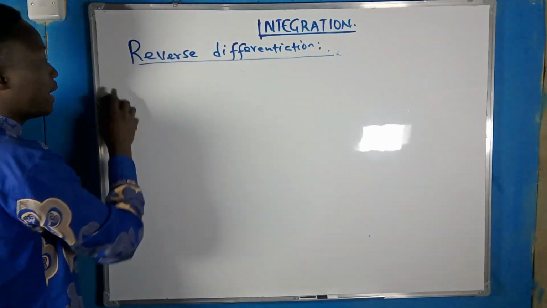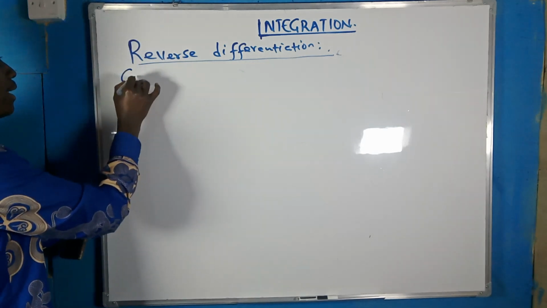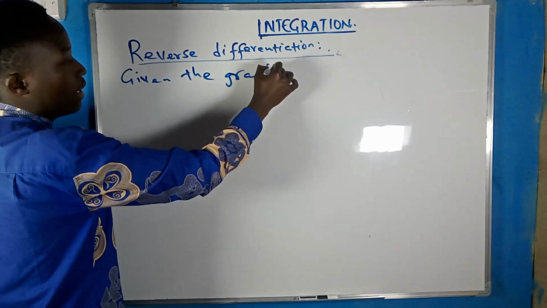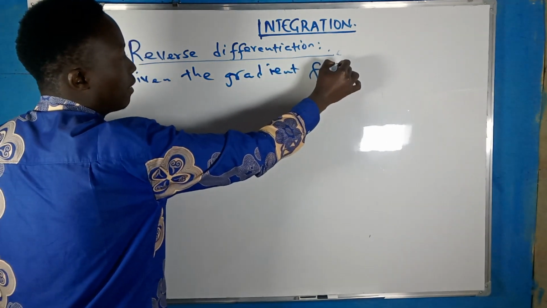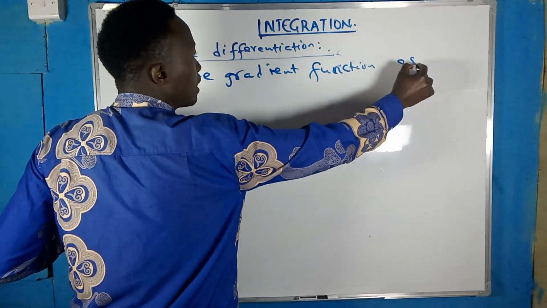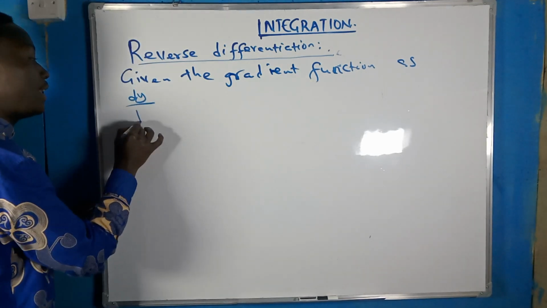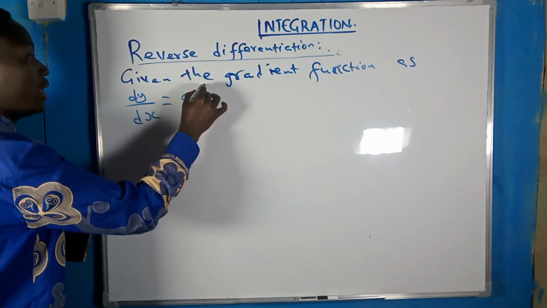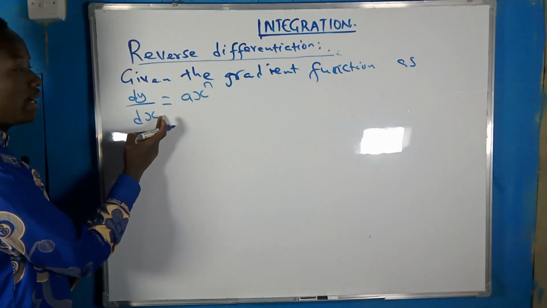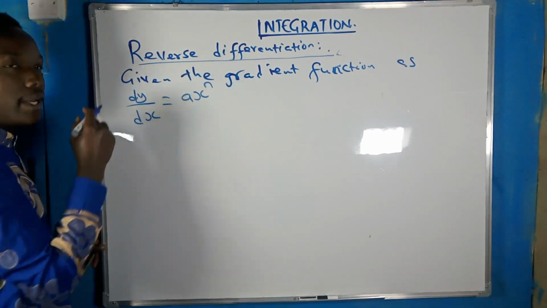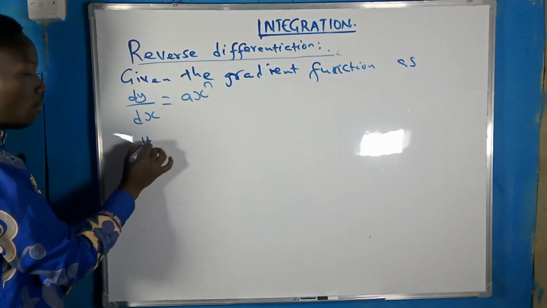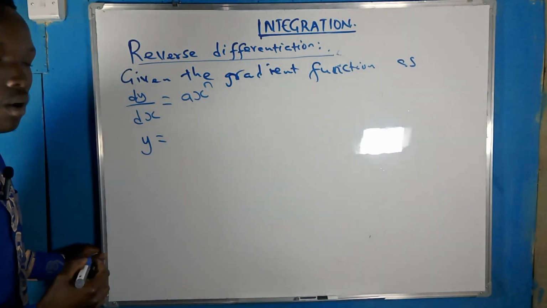So for us to integrate, we need to understand that given the gradient function as dy over dx is equal to ax to power n, for us to integrate, we will get our function in form of y, and this is how we integrate.